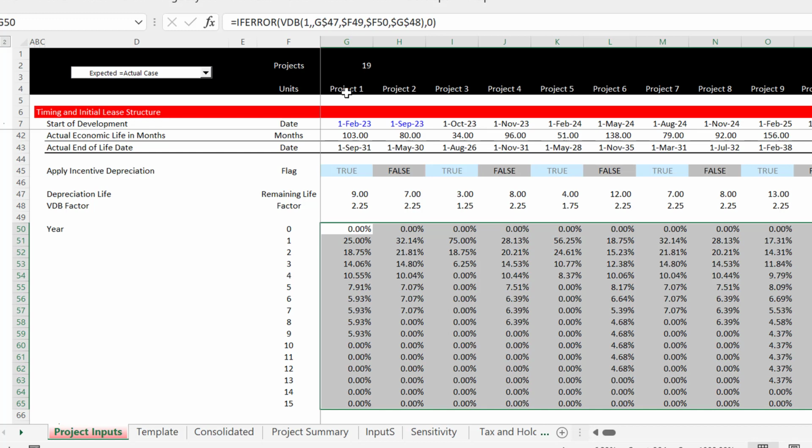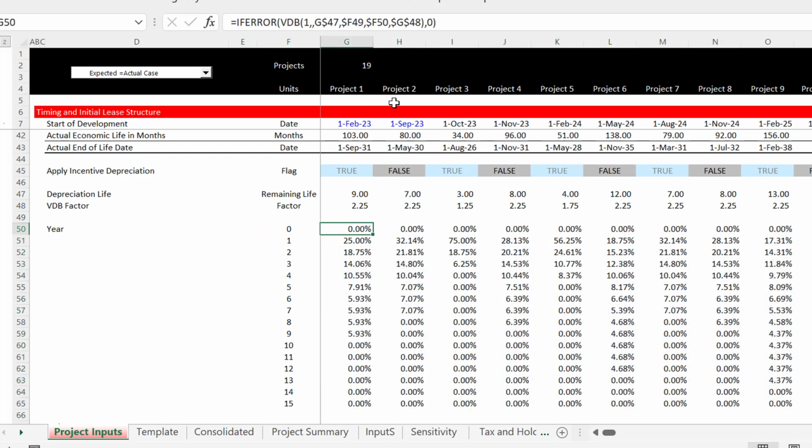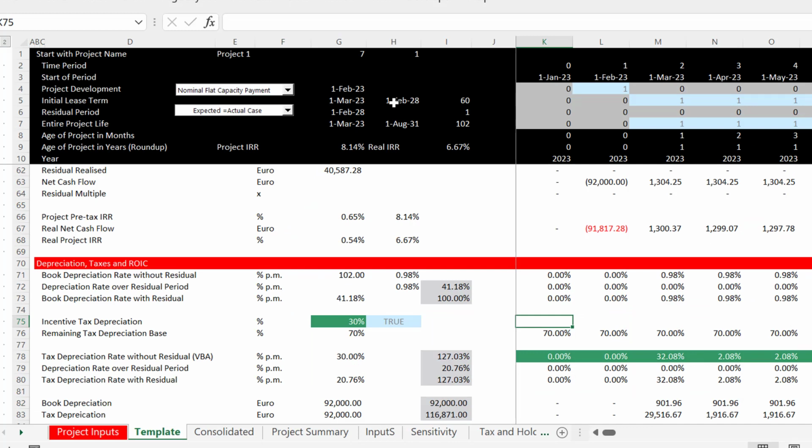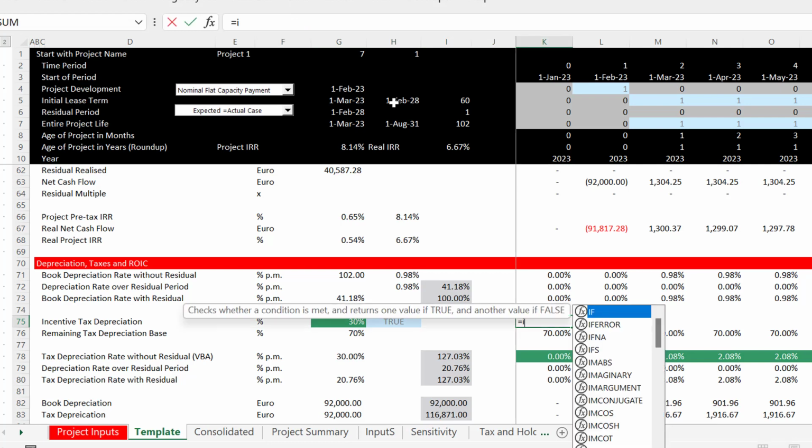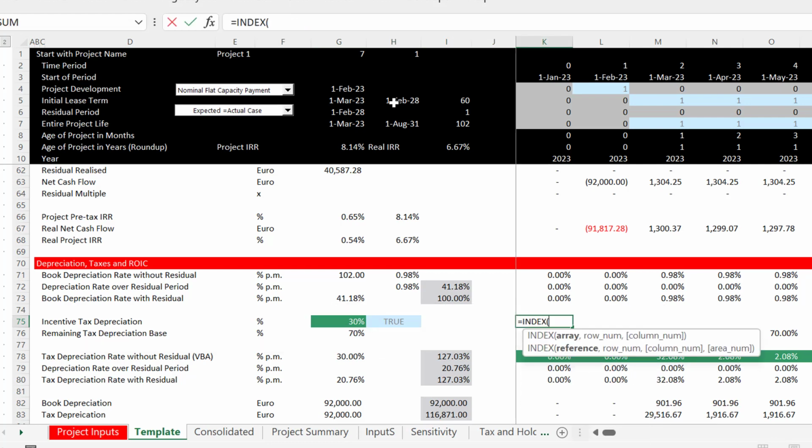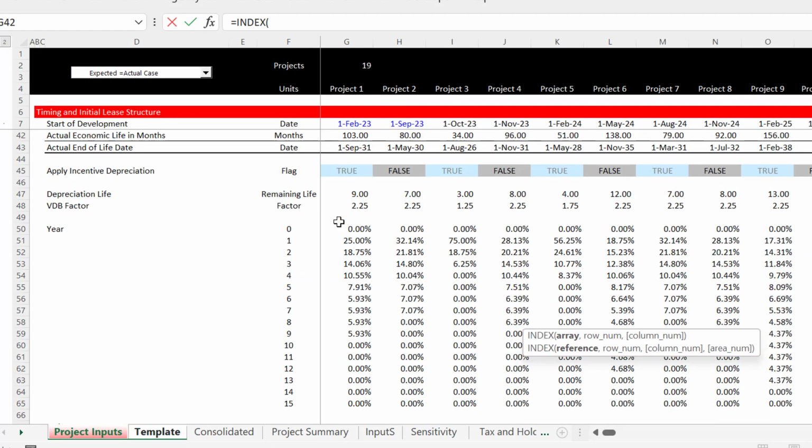The column number is this project number, which we have in our template. So whenever you have some multiple kind of data like this, why don't I just do it here? I'll put INDEX. And then what we first do, and sometimes you could name this range.